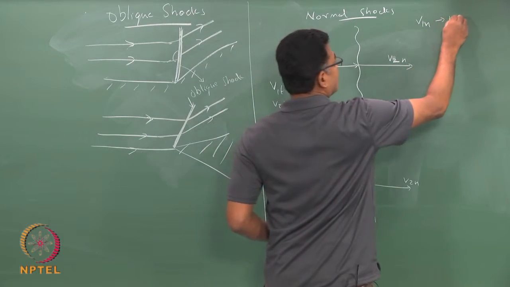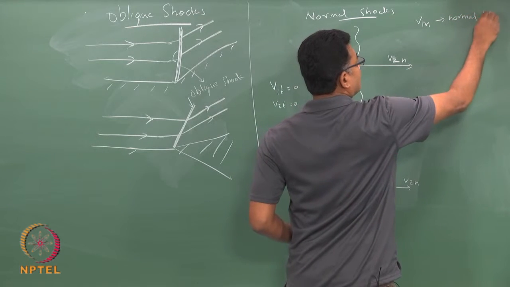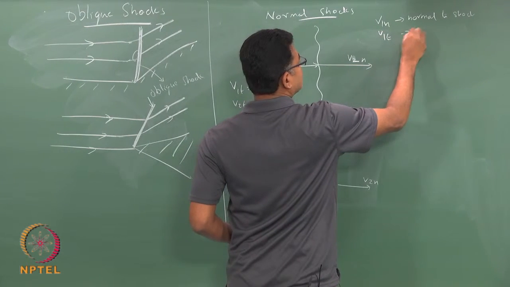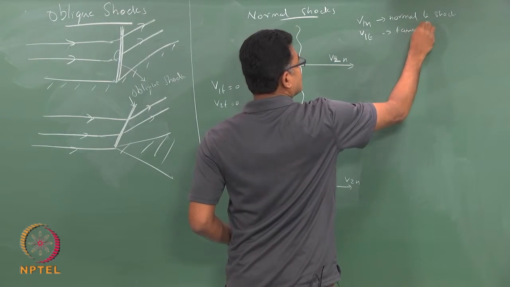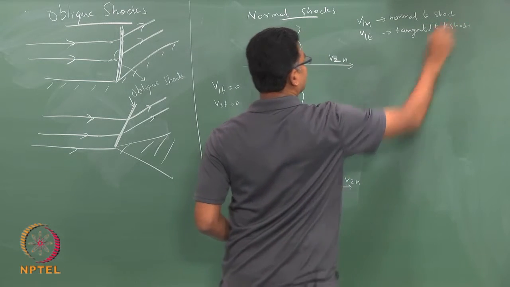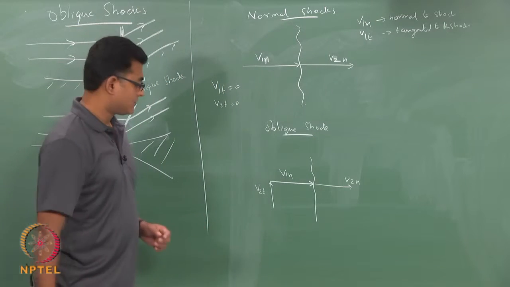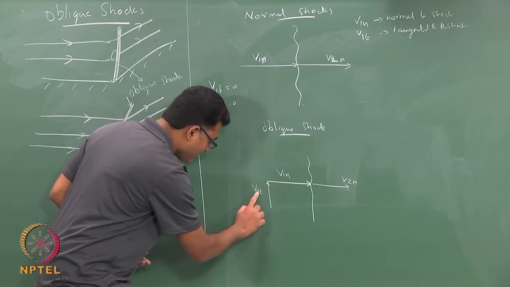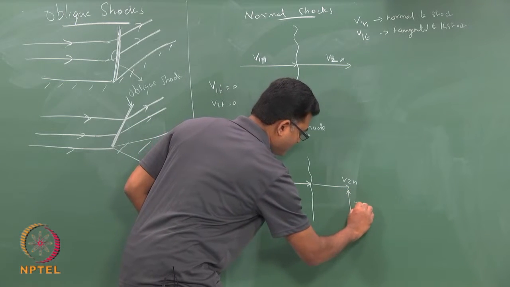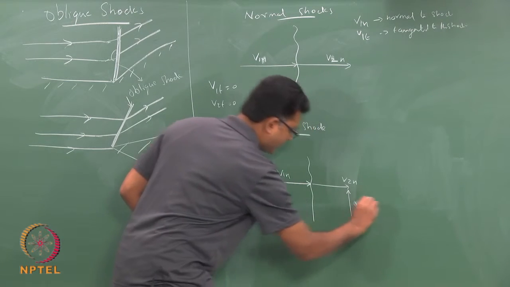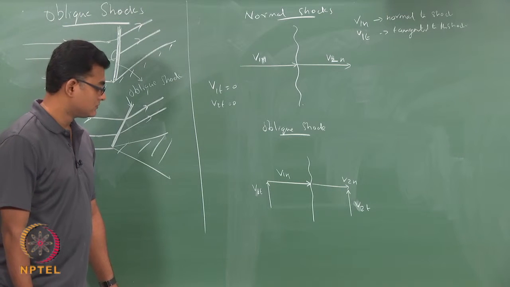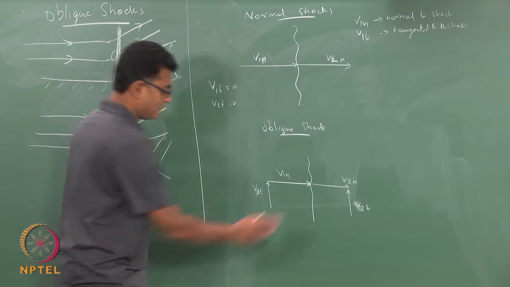V1n is normal to the shock, V2n is normal as well, and I am going to add V1t here and V2t here.